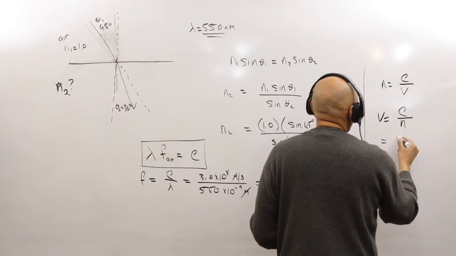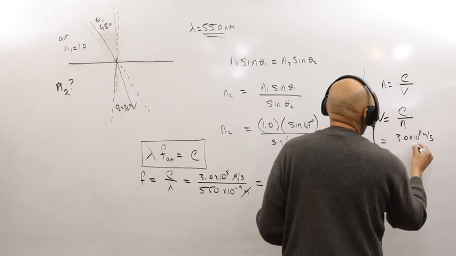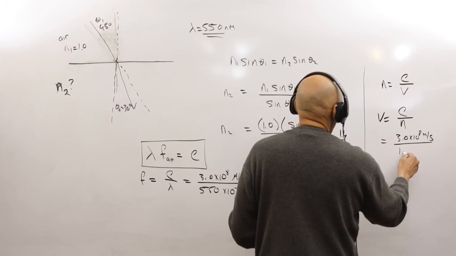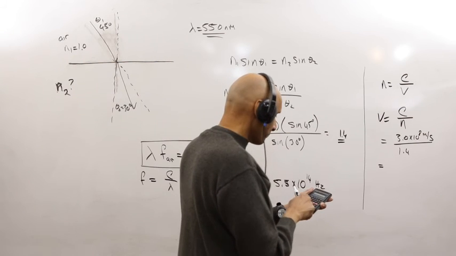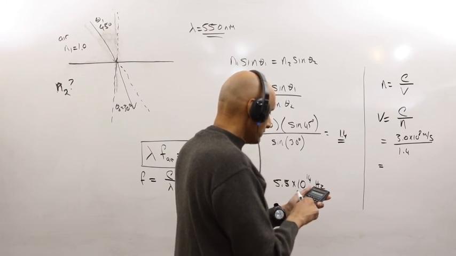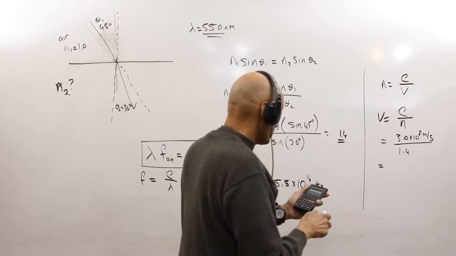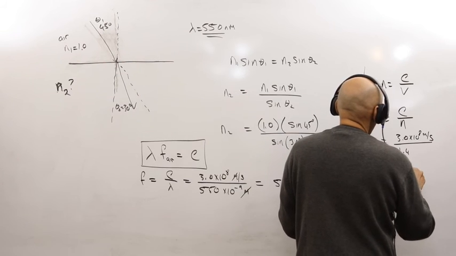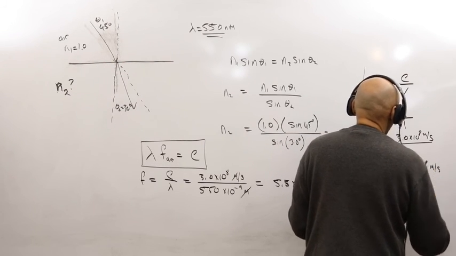In this case, c is 3.0 times 10 to the 8 meters per second, and the index of refraction is 1.4, so let's plug it in. 3.0 divided by 1.4 equals 2.1 times 10 to the 8 meters per second.